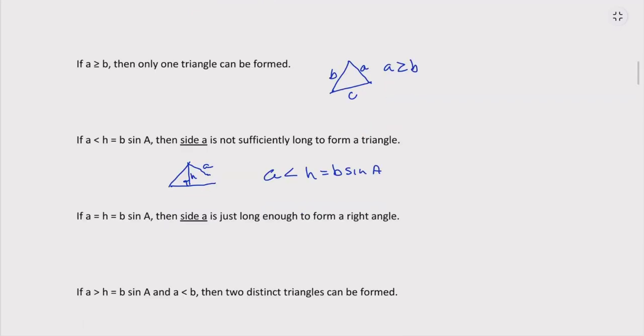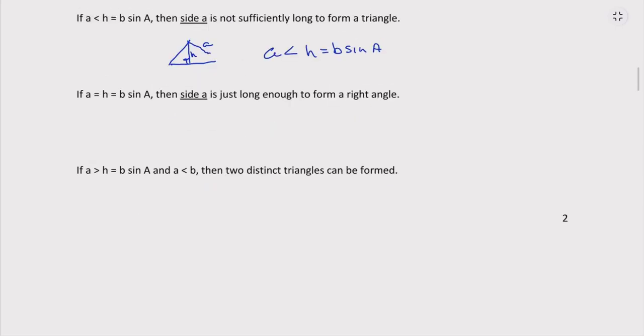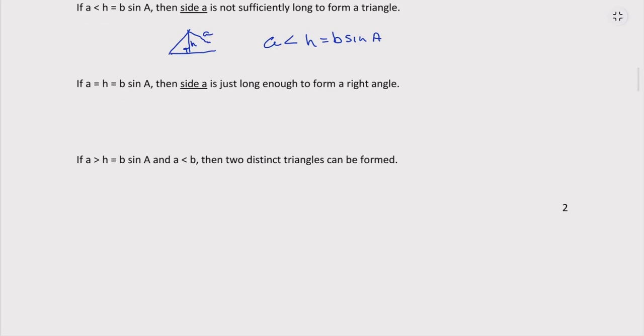So if a equals h, and that's equal to b sine of A, then side a is just long enough to form a right angle. So that would form a right triangle. And then the last one: if a is greater than h equals b sine of A, and a is less than b, then two distinct triangles can be formed.